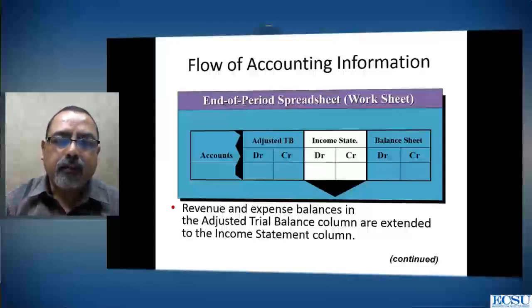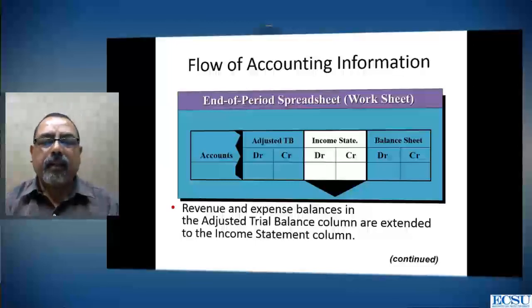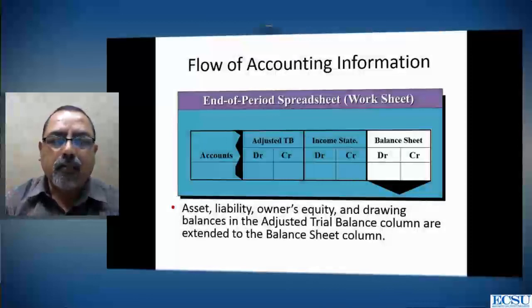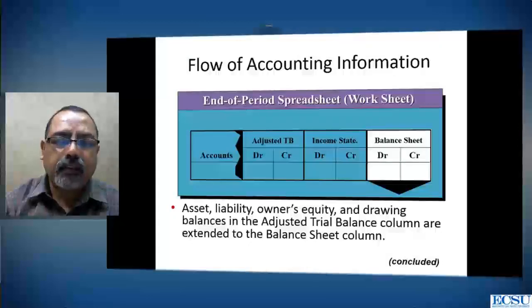In the income statement, we'll be taking all the revenue and expense balances as shown in the adjusted trial balance. And then in the balance sheet columns, we'll have two columns: all asset, liability, owner's equity, and drawing balances in the adjusted trial balance column are extended to the balance sheet column. So that is how we'll be preparing the worksheet.